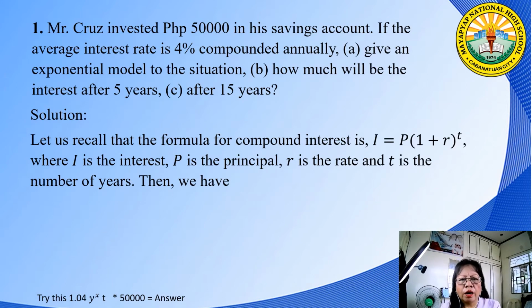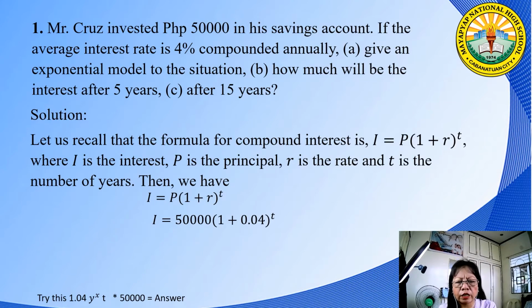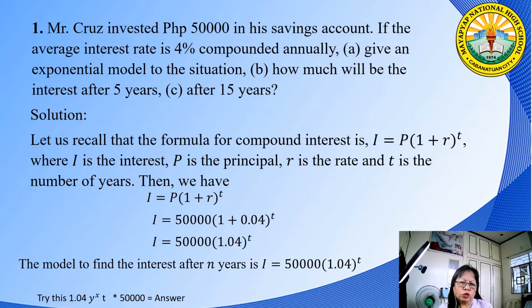Then we answer letter A. The formula is I equals P times quantity 1 plus R raised to T, where P is 50,000 pesos multiplied by 1 plus the rate of interest converted into decimal. 4% is equal to 0.04, then raised to T. So I equals 50,000 pesos multiplied by 1.04 raised to T. So the model to find the interest is I equals 50,000 pesos multiplied by 1.04 raised to T.